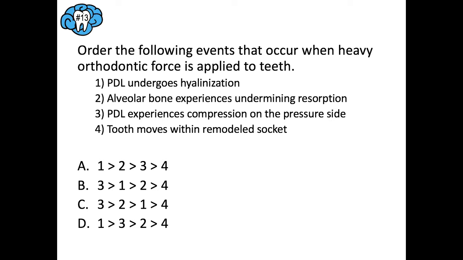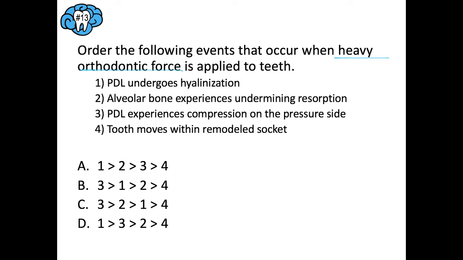Question number 13. Order the following events that occur when heavy orthodontic force is applied to teeth. I'll let you read through the rest of these, so you can pause the video, and then we'll talk about this. Okay, so let's talk through the events for heavy force.